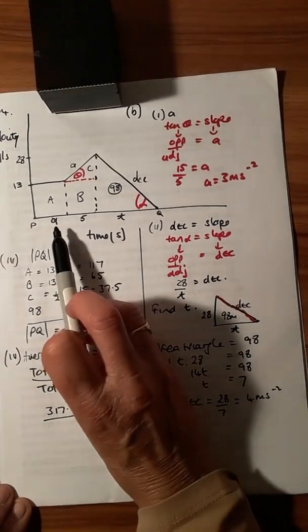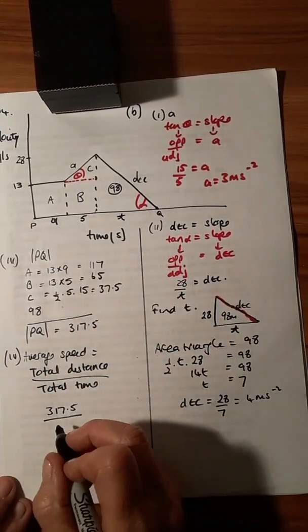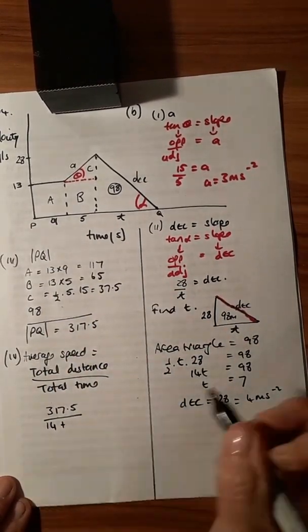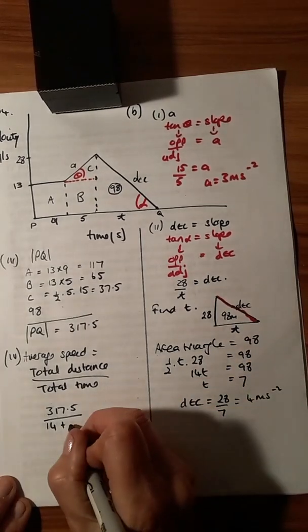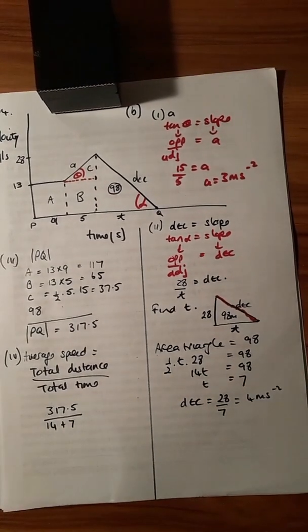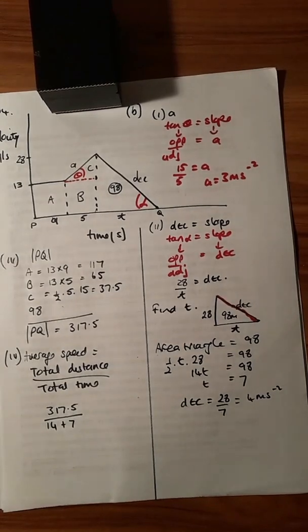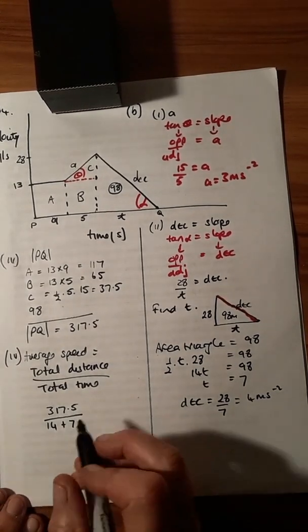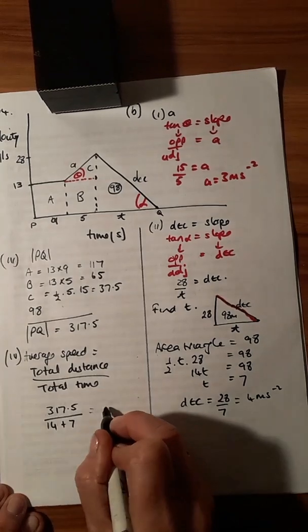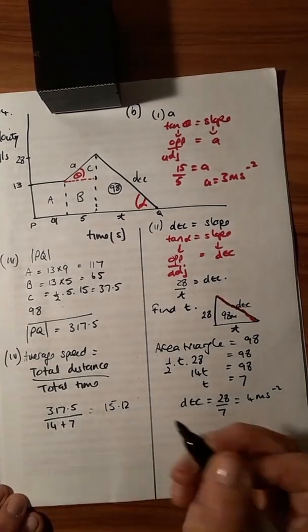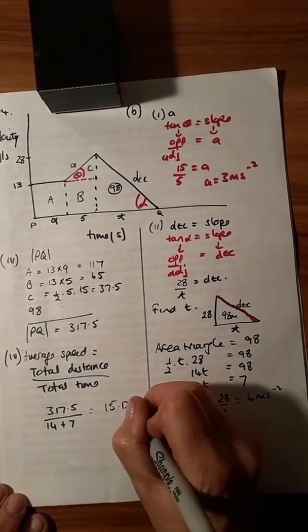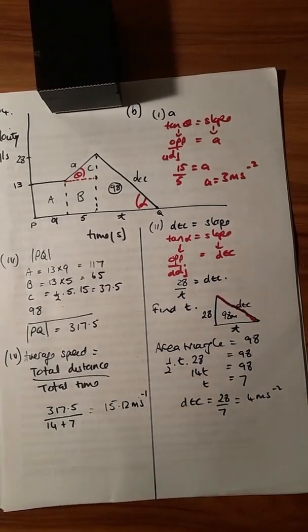The total time would be 9 plus 5 plus t, so that's 14 plus t. I already know that t is 7. So 317.5 divided by 21 gives me an average speed of 15.12 if I round it to 2 decimal places, meters per second.